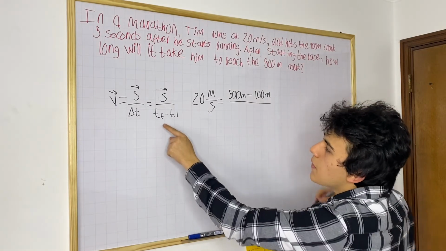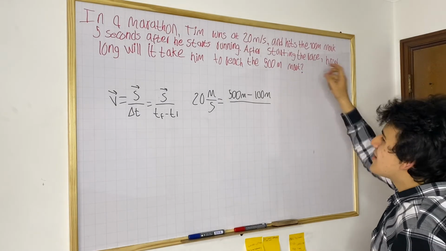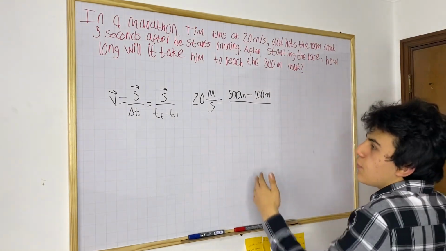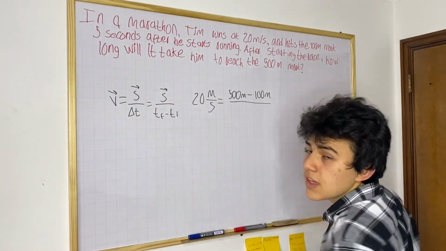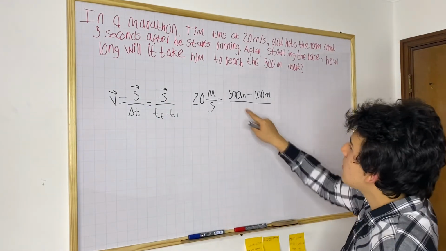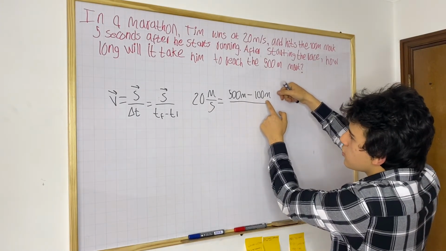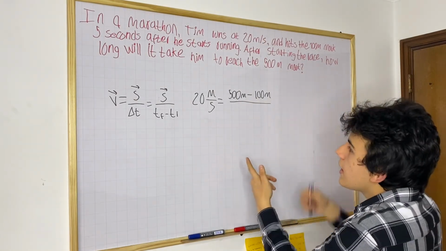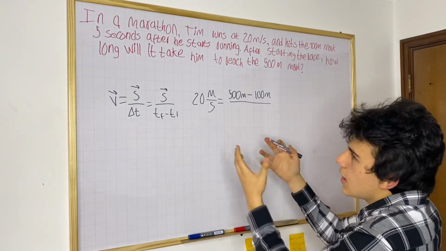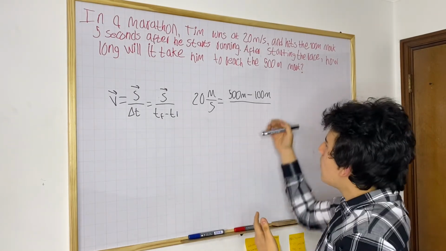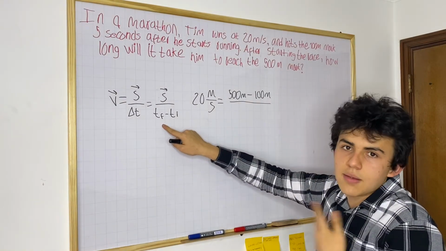Now, we need to know the final time, because we are being asked after starting the race. Our initial time is 5 seconds, because that is when he starts moving from 100 meters to 500 meters, and then when he's done moving these 400 meters, that's what we're going to call TF, the final time.